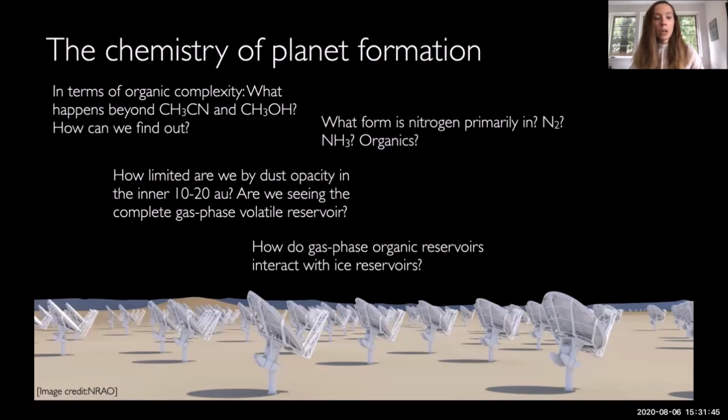No, that's a good question. If you form it through an instability, then you should sample the gas and the solids the same way. You should just get the average composition of the solids plus gas at these radii.